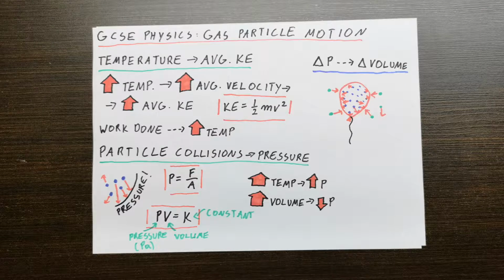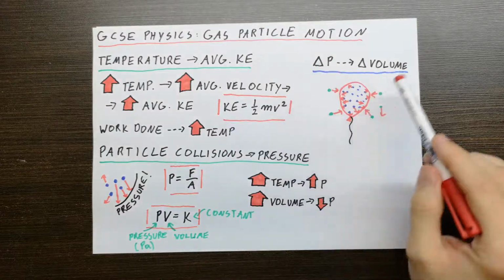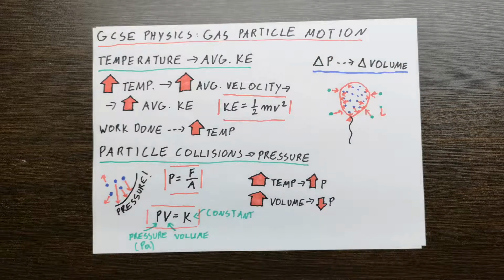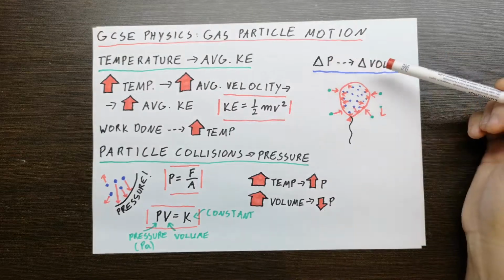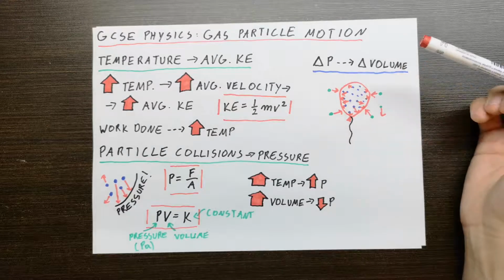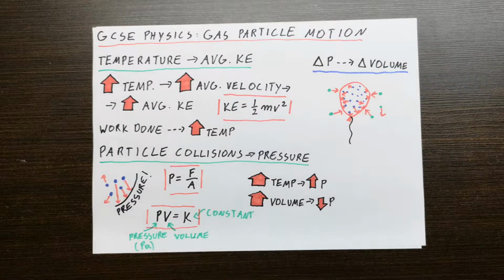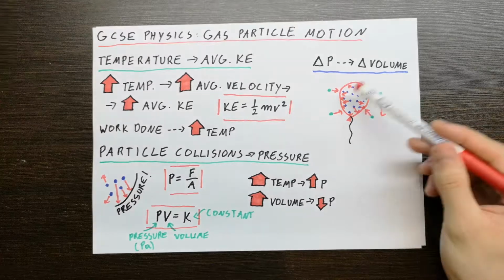But now, if we change pressure, we change volume. So what do I mean by this? Sometimes if we increase the pressure, we can increase the volume, but that's in a very specific scenario: if the container is stretchy. The perfect example here is a helium balloon.